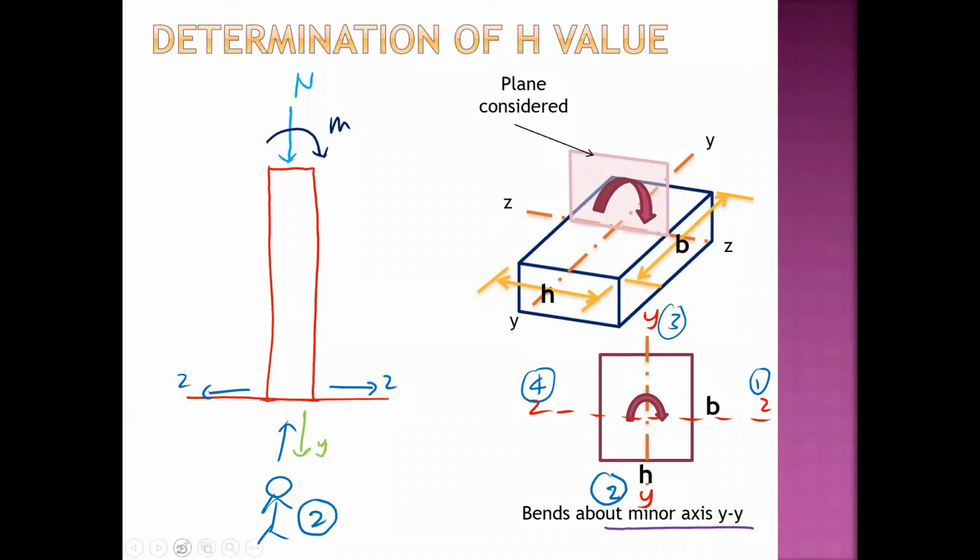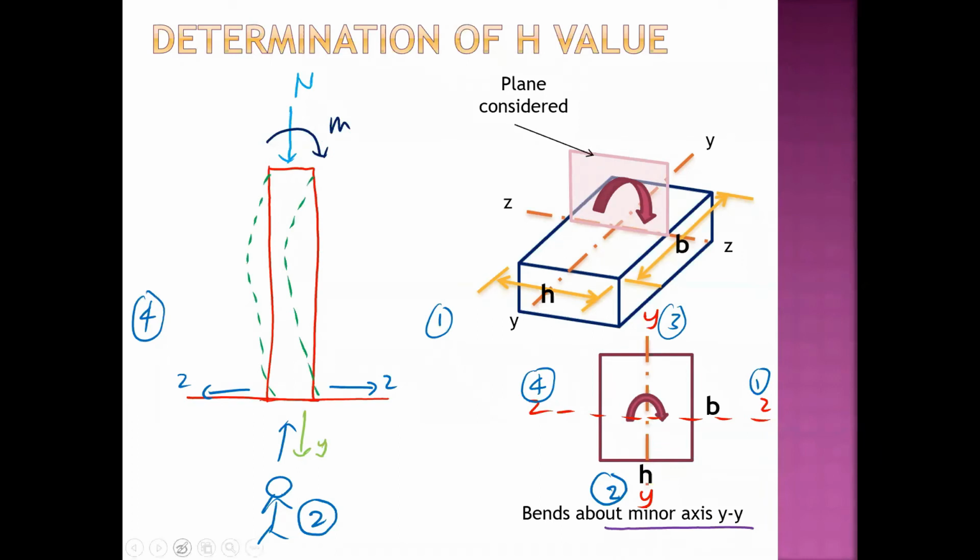Let's say this one is position number 4, and this is position number 1. So if the bending moment rotates clockwise, it will cause the column to bend towards number 4, like this.